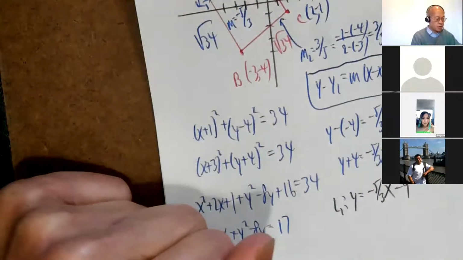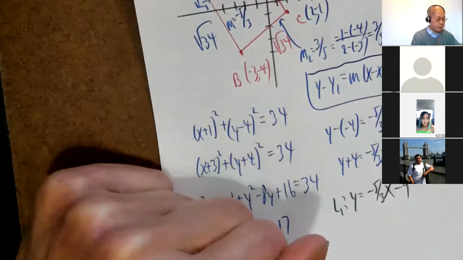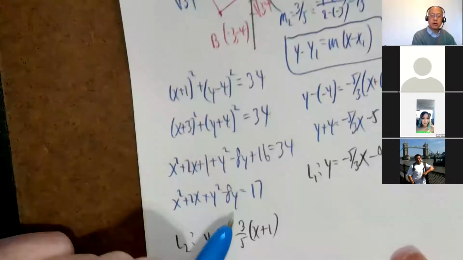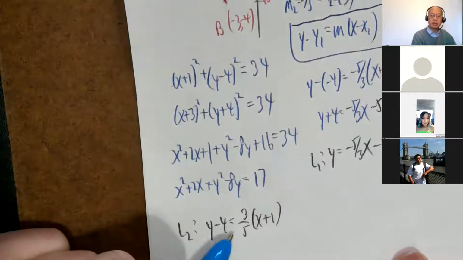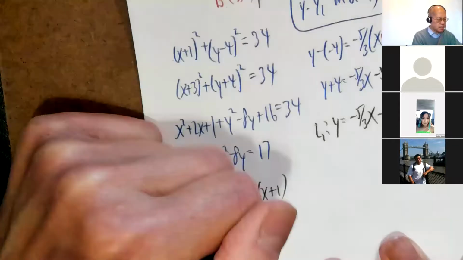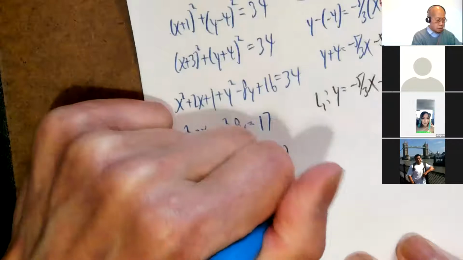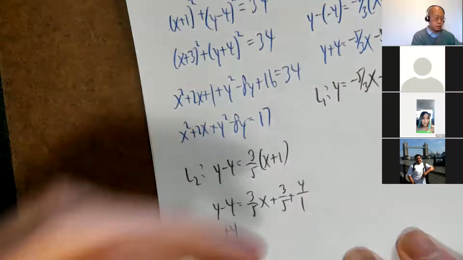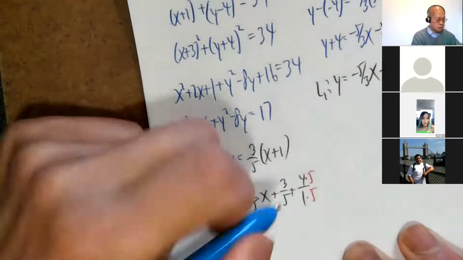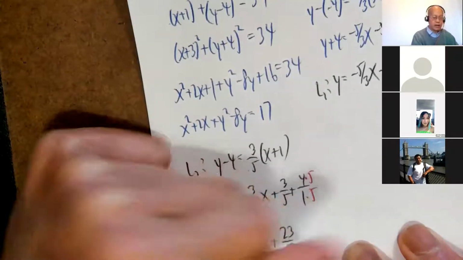So y minus 4 equals 3/5 times x minus a minus 1, which is x plus 1. The point was negative 1, 4 and the slope is 3/5. Do the same thing: y minus 4 equals 3/5 x plus 3/5. Add 4, which is like 4 over 1, multiplied by 5. So y equals 3/5 x plus 23 over 5.